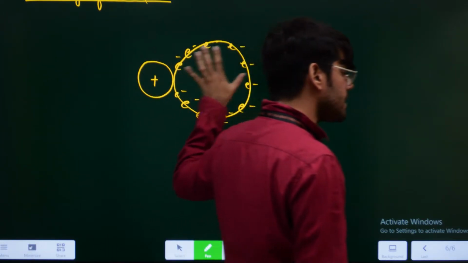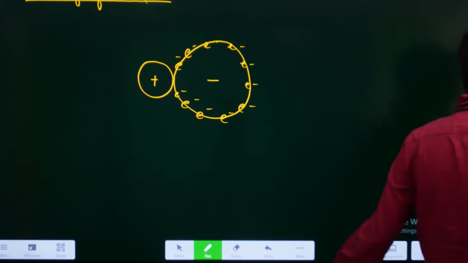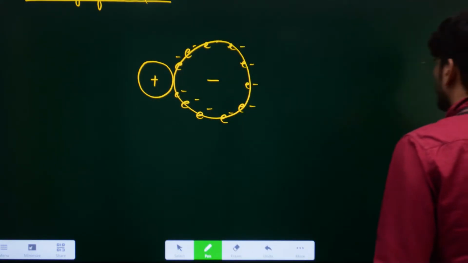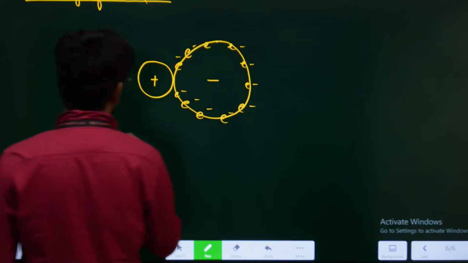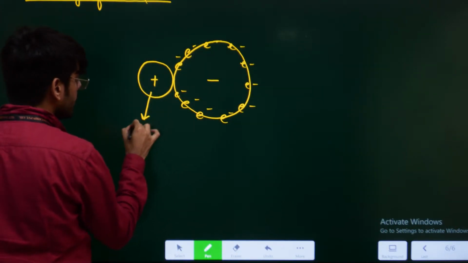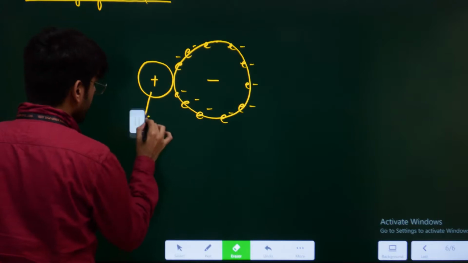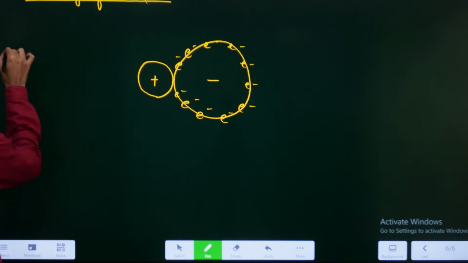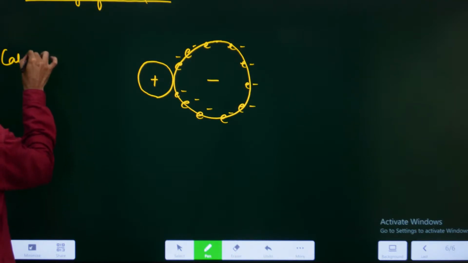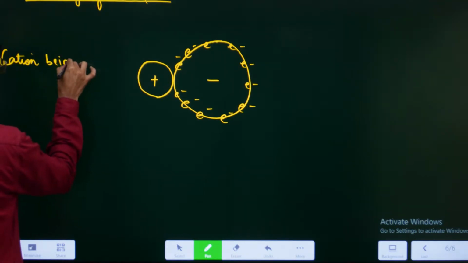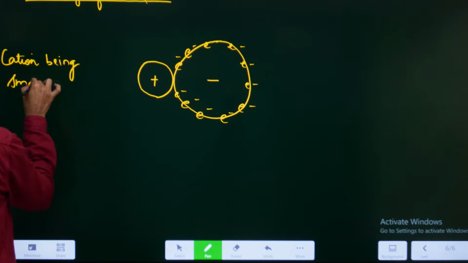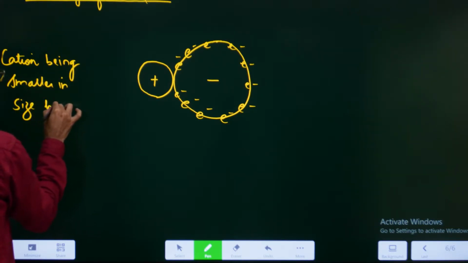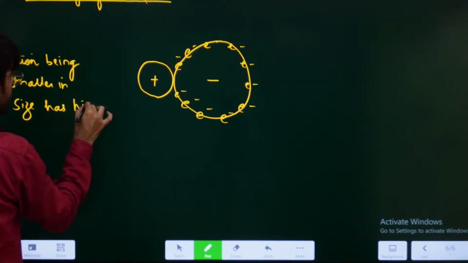Since the cation is smaller in size, can I say it has more Z effective?